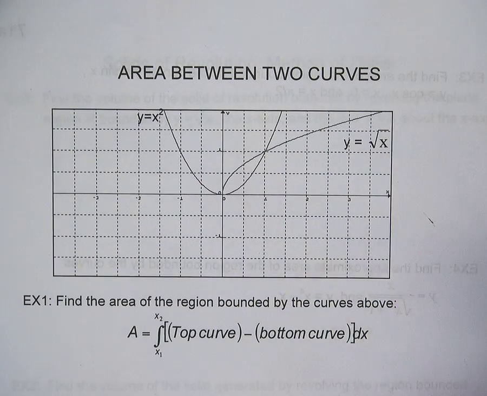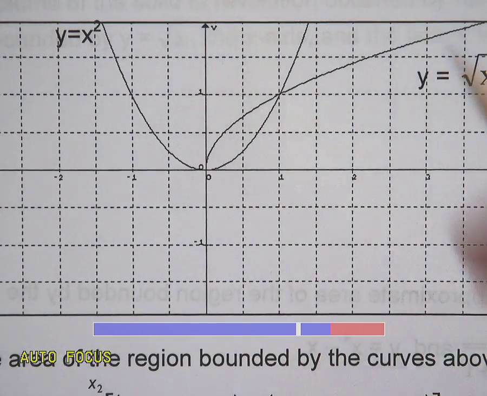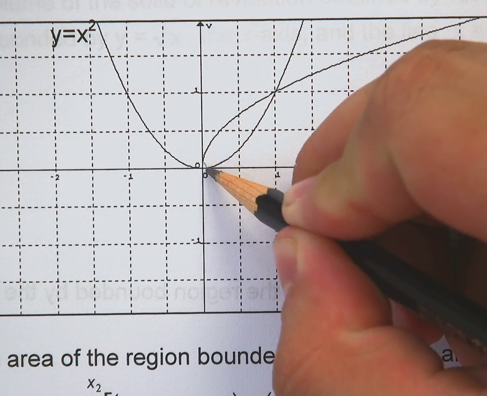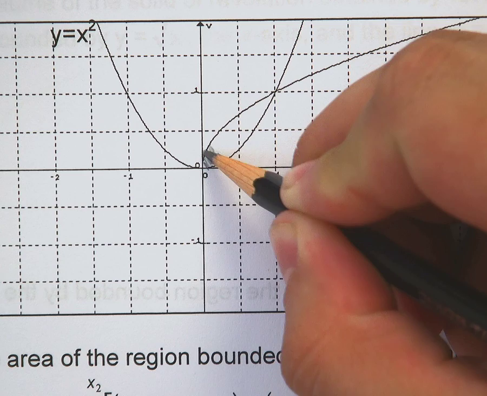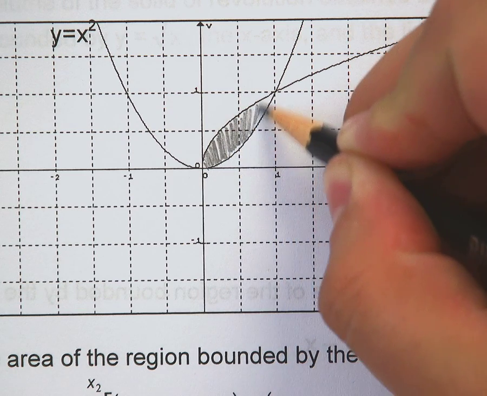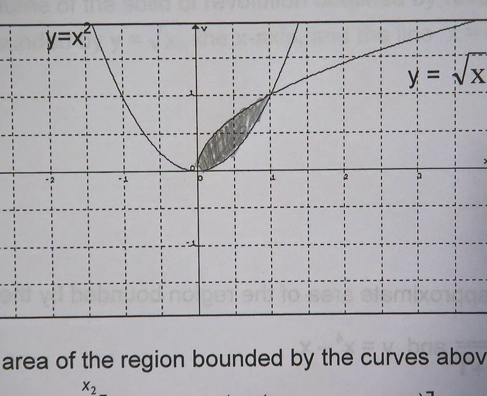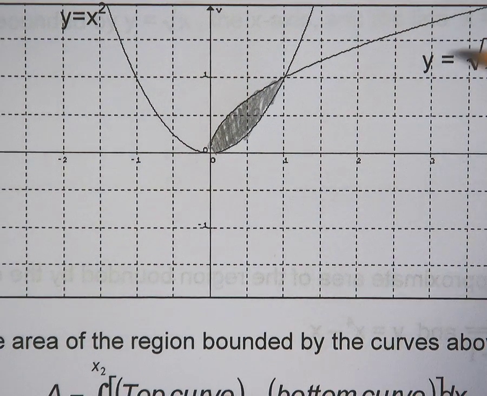And here's the idea. Let me zoom in for this part. I want to figure out the area between these two curves, right? I want to figure out what this area right here is. So here's how I would do it.